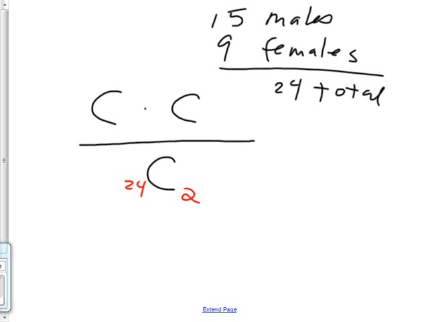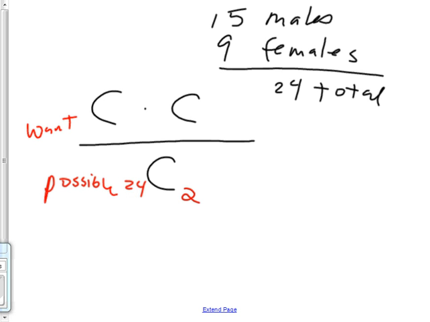What I just did there is I found all the possible combos of 2 people chosen from 24. Do you get that this is a probability because it's a big divide? So this is what's possible on the bottom. What I want is on the top. Now, let's say I want to know the probability that I'm going to randomly pick 2 people at the bottom, but I want it to turn out to be 1 guy and 1 girl.